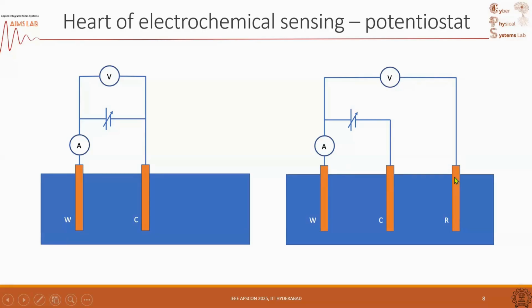The reference electrode is not participating in the reaction. I wouldn't get a good idea if I just do a two electrode measurement because I'm varying that potential also. So this three electrode measurement is just a better way of doing this voltammetry measurement. That's maybe all I'll say about it. There's a lot more detail there, which I'll skip.